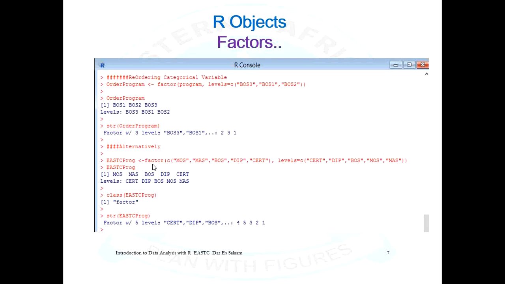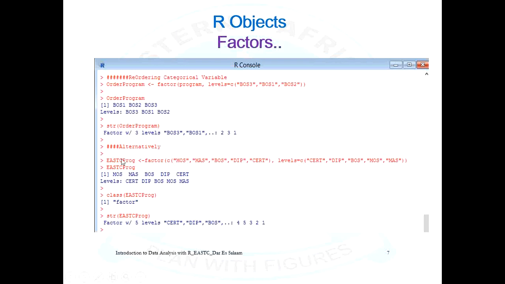So what do you do? You simply specify your categories, and then you assign the labels. If you need a default setting, there's no need for assigning the labels. But if you wish to reorder your labels, then you need to assign labels like this. If you don't need this, R will assign labels by using the default setting.